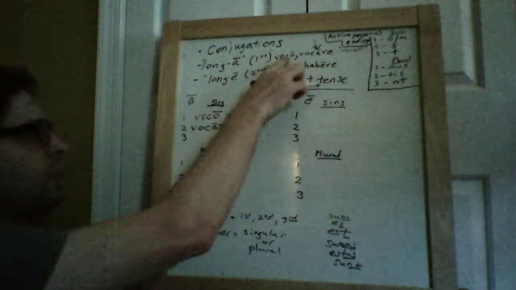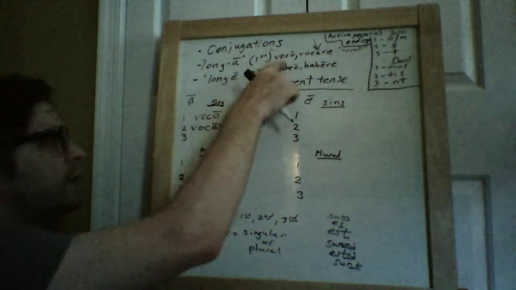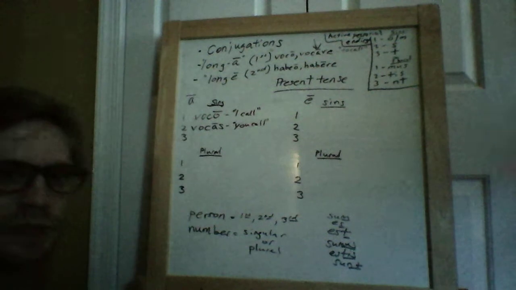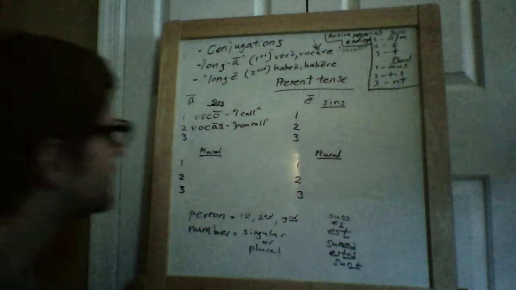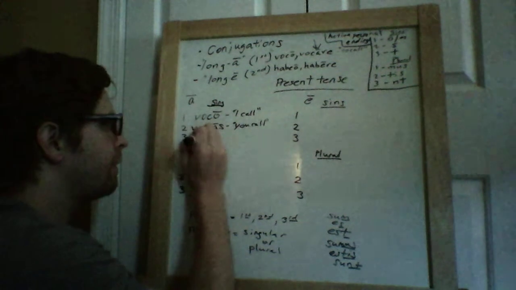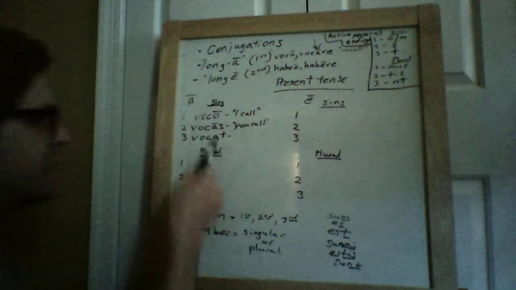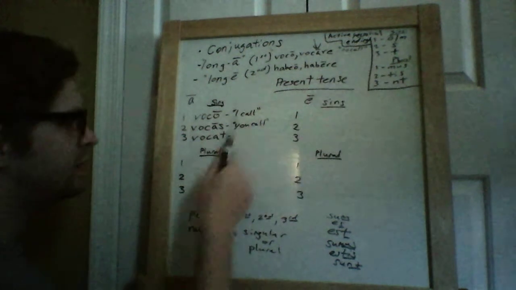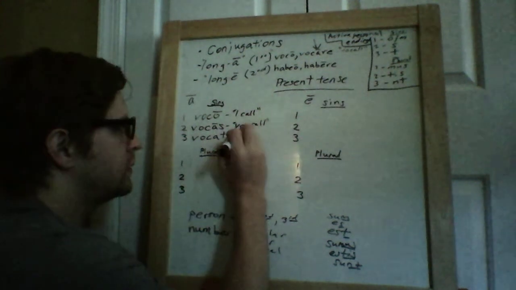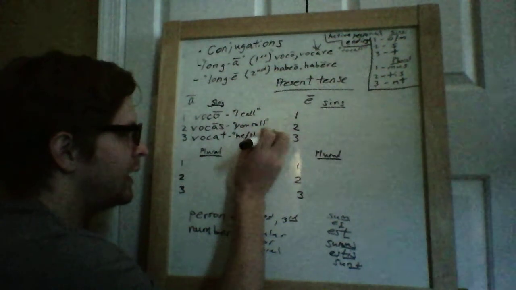Note this form here is this form: the first principal part is the first person singular of the present tense. Voco, vocas, vocat. Notice a T. He, she, it calls.